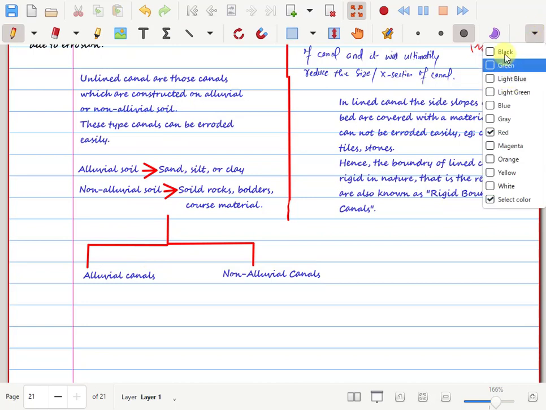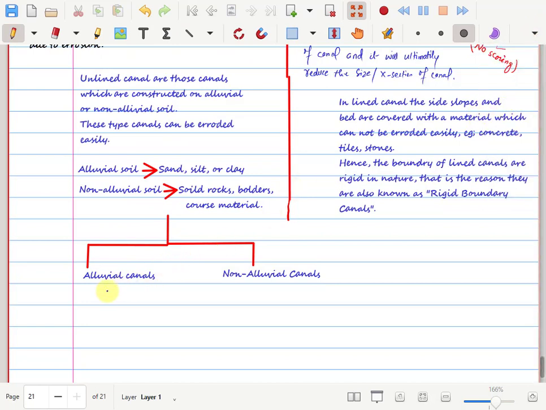So in case of alluvial canals, their surfaces are made up of soil, right? Side slope and bed are made up of soil. So you can say that alluvial canals are soil surfaced, and non-alluvial canals are hard surfaced or rock surfaced.